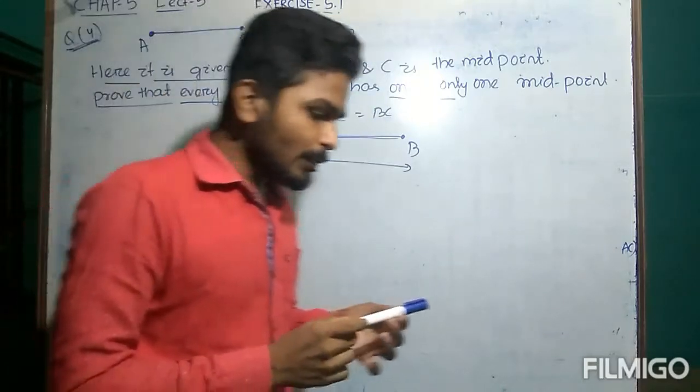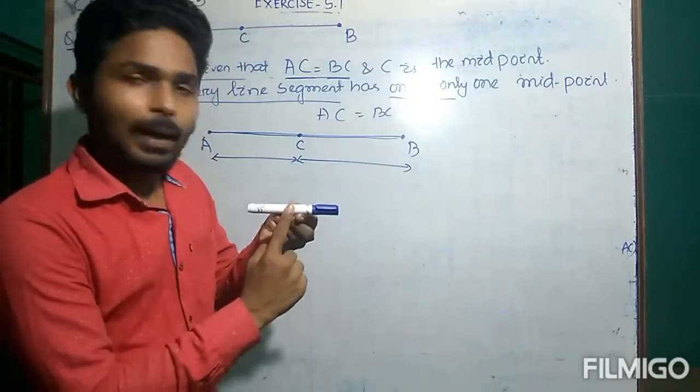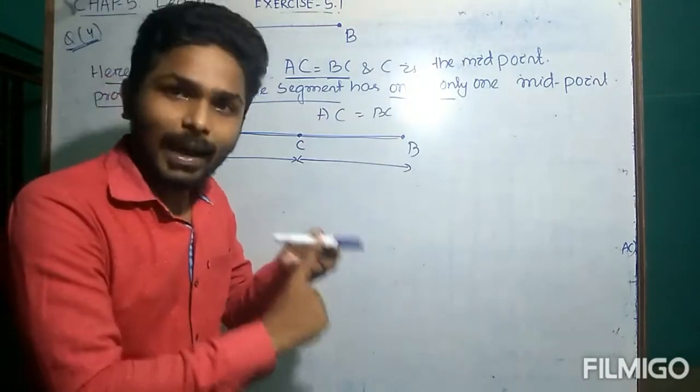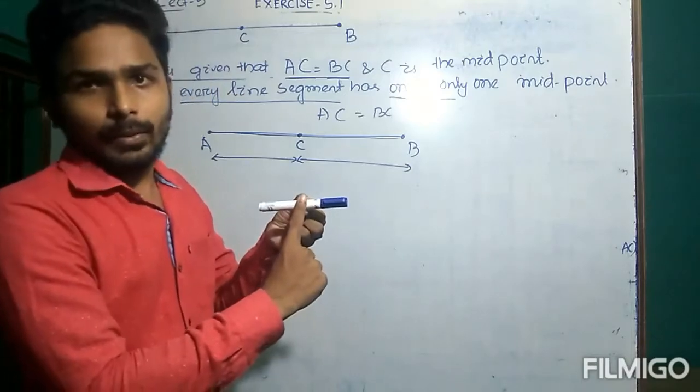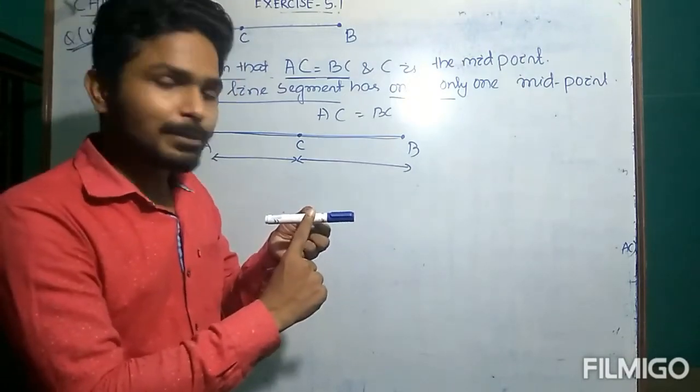Suppose this is a line segment, and this one, my finger, is the midpoint. Then you have to prove there is only one midpoint, that is your finger. There exists no other midpoint except this.